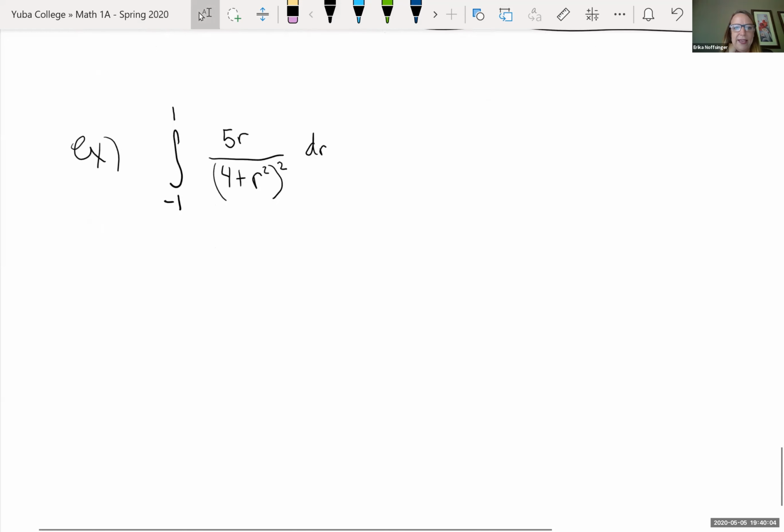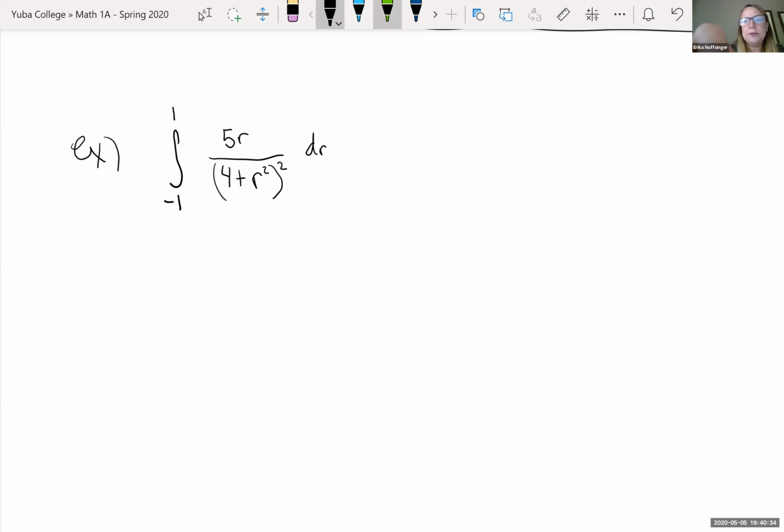The other way is you can keep your bounds in terms of your original variable. The thing is, when you finish and you integrate, you have to go back and do the substitution of what you had chosen u to be. And then you would use these numbers. Where if we change our bounds right away, when we take the antiderivative, we don't have to go back and change our bounds later. Okay, so I don't know if I'll have time to show you both ways, but let's just do the one.